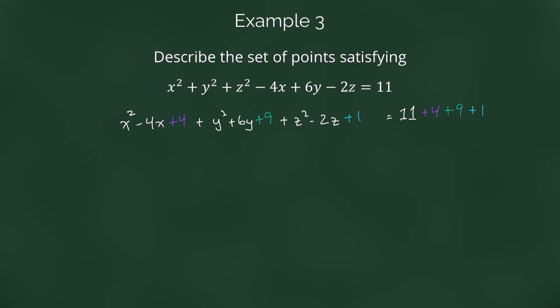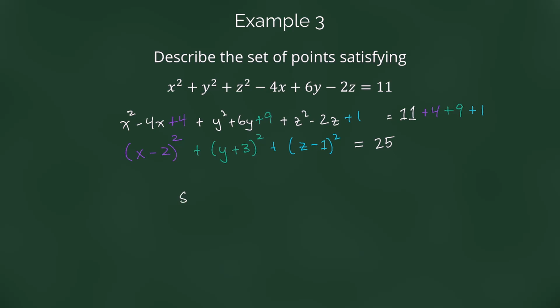My first set then factors as (x minus 2) all squared. My second set factors as (y plus 3) all squared. And my last set factors as (z minus 1) squared. And that is going to equal 11 plus 4 plus 9 plus 1, which is 25.